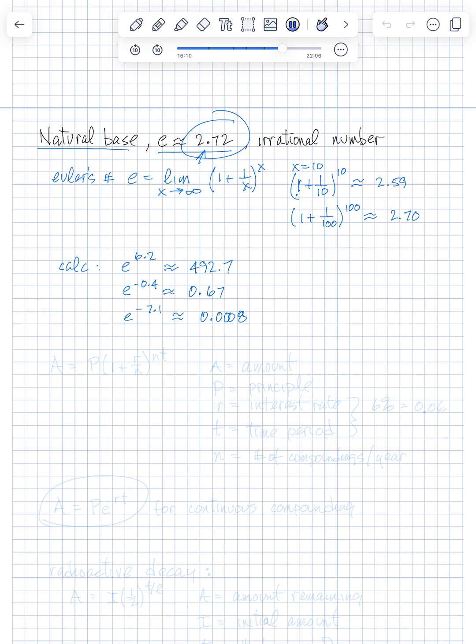So the compound interest formula, the general formula, A is equal to P times (1 + r/n)^(nt). So A is the amount of money after a certain time period. P is the principal, or how much you invest.